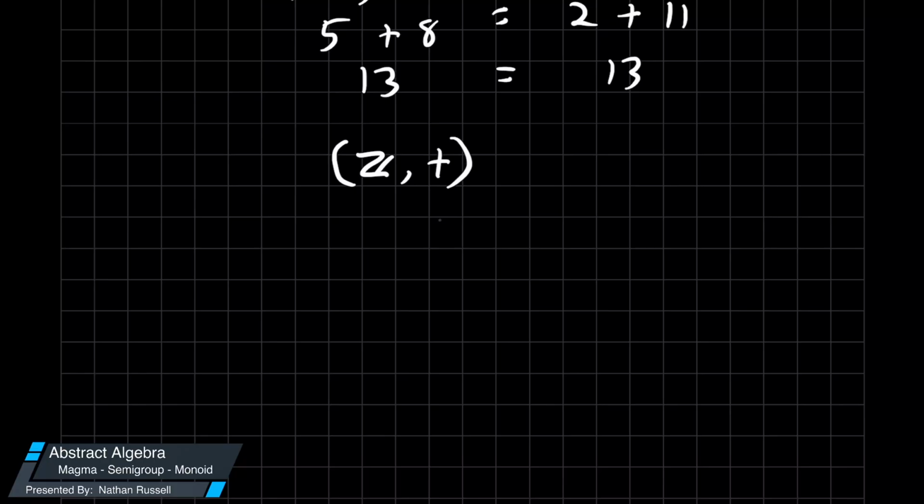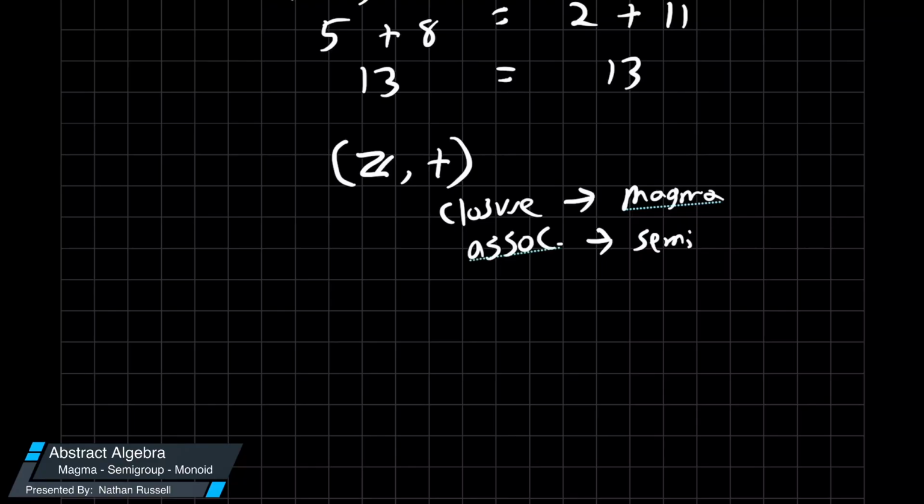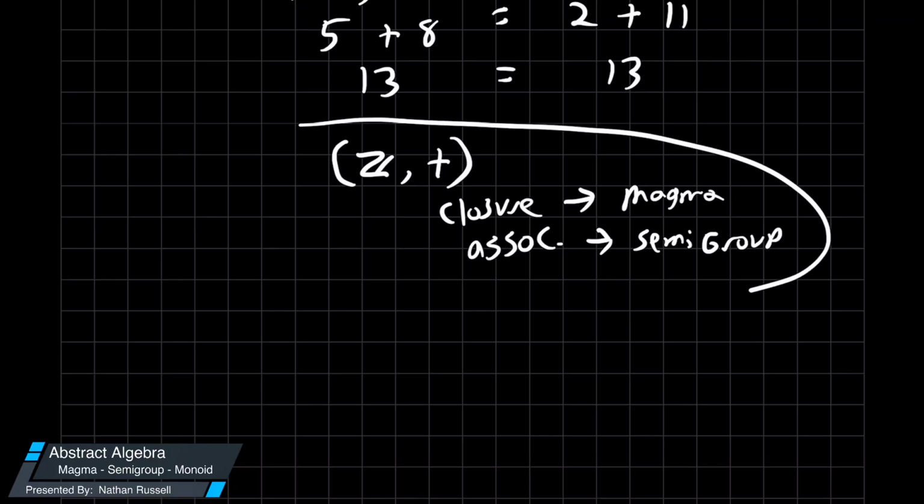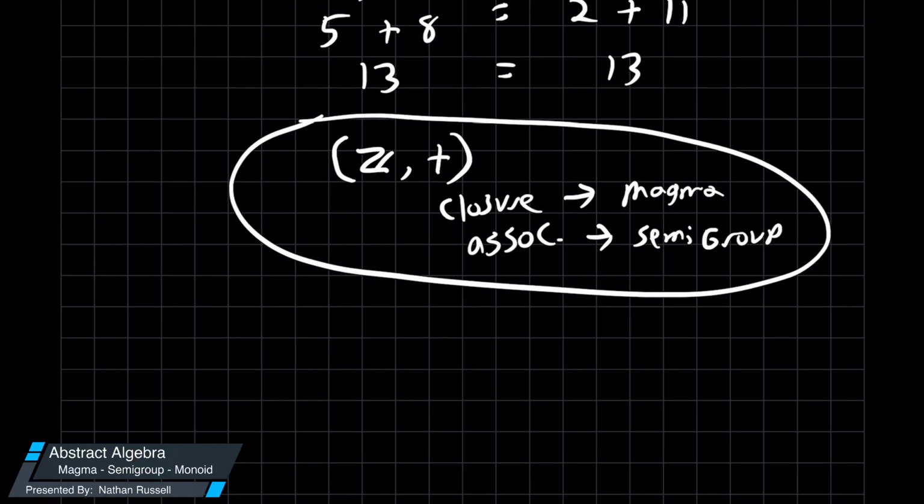So in this case, we have closure, and that alone makes it a magma. But we also have the associative property, which means that we also now can identify it as a semigroup. Okay, we have a semigroup.